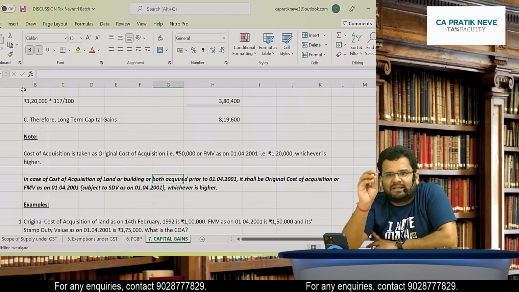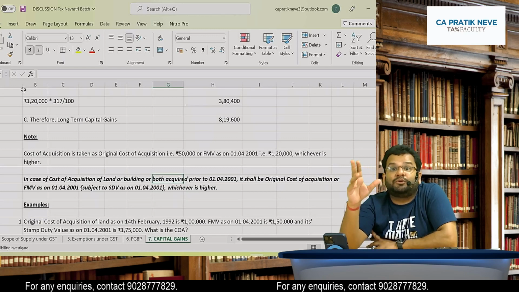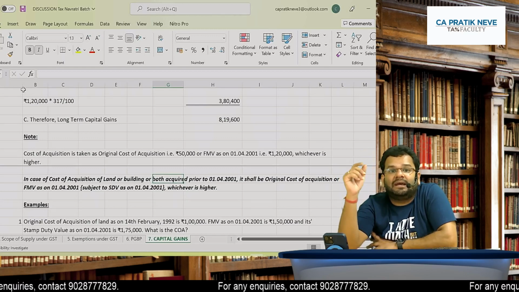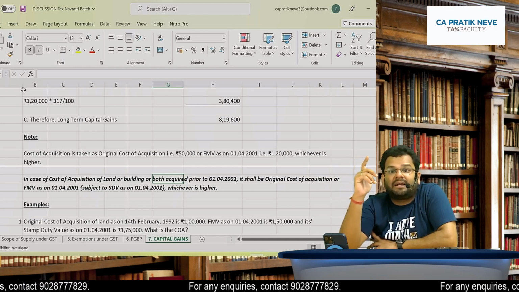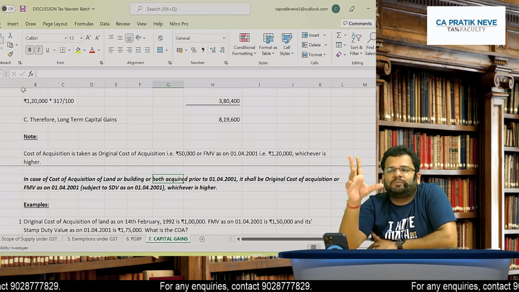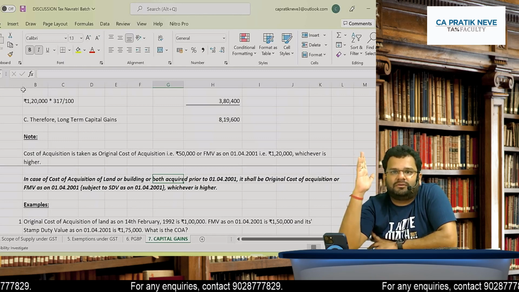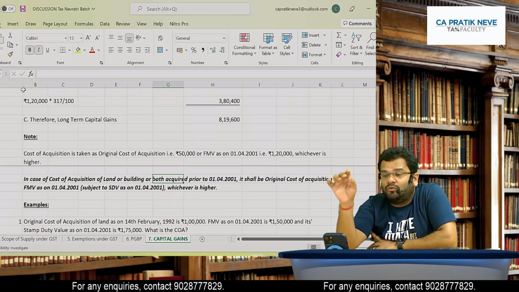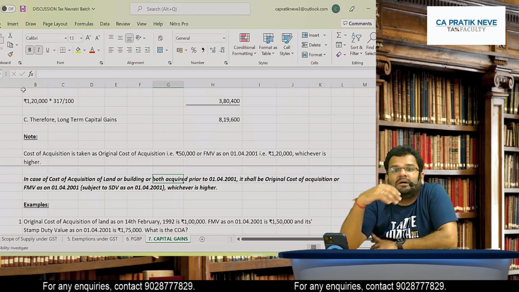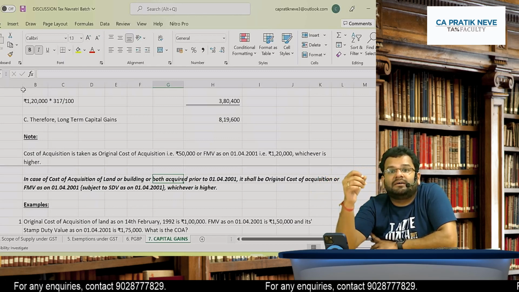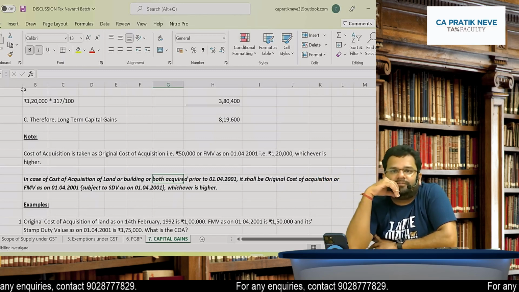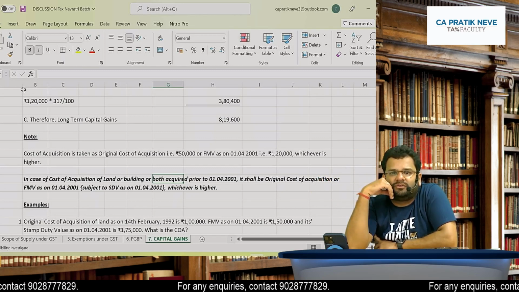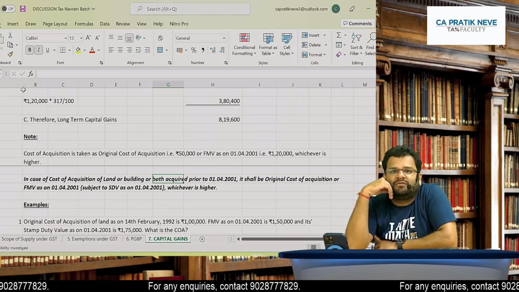Before going to this land, I would like to tell you, suppose there is a jewelry which you purchased in 1998, and at that time it was purchased for 60,000, but on 1st April 2001, its FMV is 75,000. What will you take as cost of acquisition, 60 or 75?